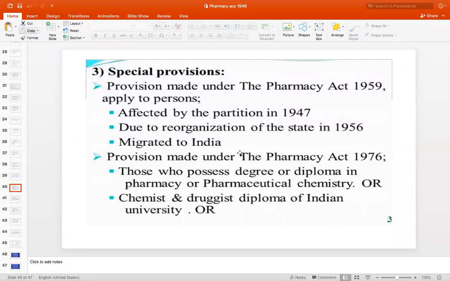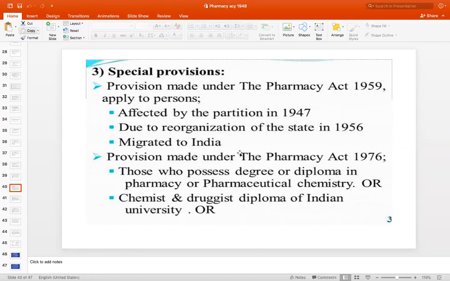Next, there are some special provisions also. Provision made under Pharmacy Act 1959. Hope you remember this date, 1959. Affected by partition in 1947. Because when partition happened, we know the consequences. We know what happened, how many states and countries got divided.